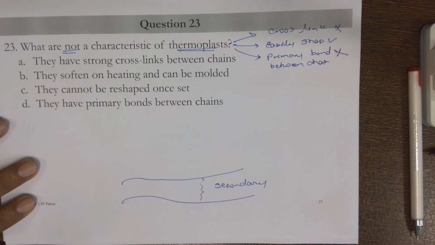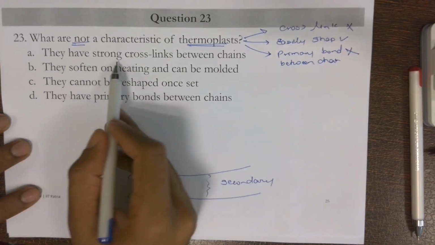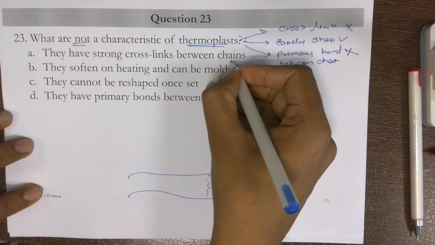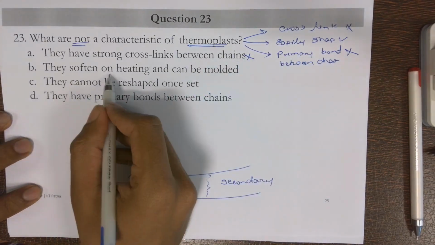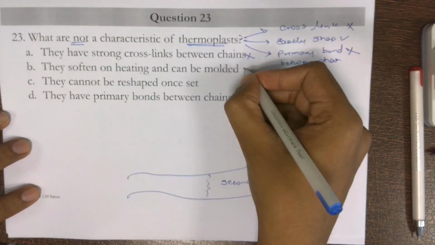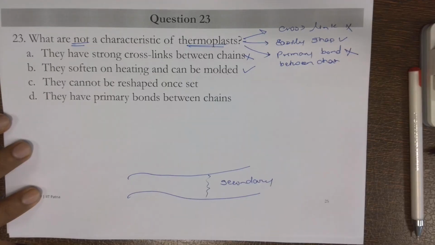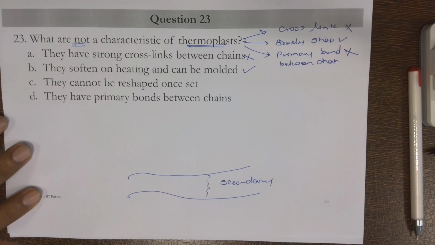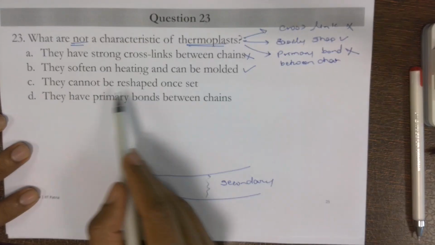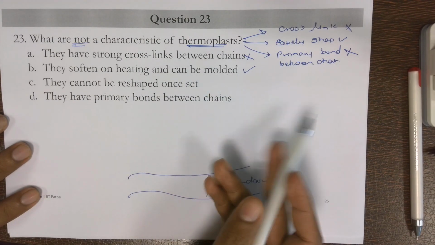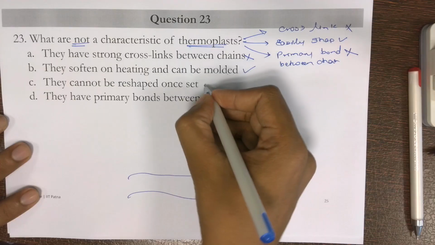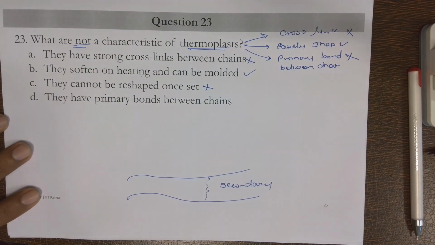Let's check them. Do they have strong cross linking? No, they don't have strong cross linking. And they can be remolded. That is right. Thermoplast, we can easily soften by heat. Thermoset we cannot do that. So this is right, they can be reshaped.